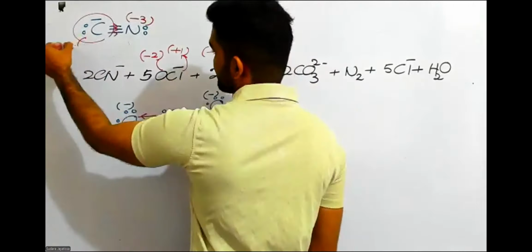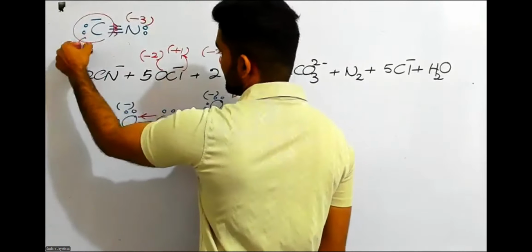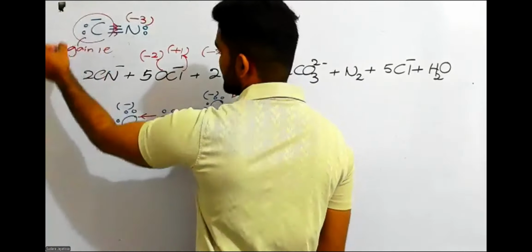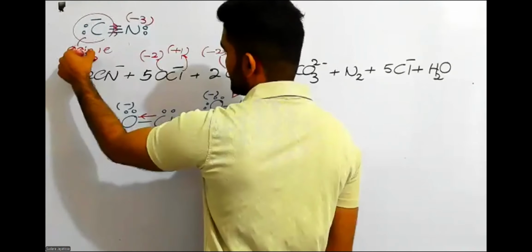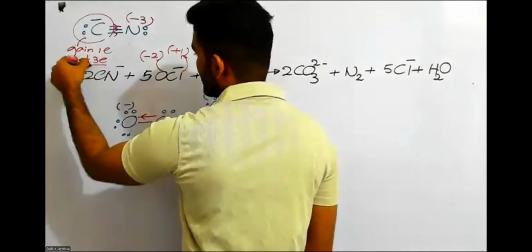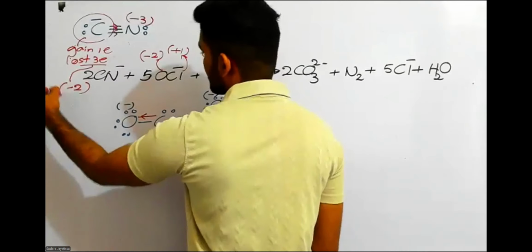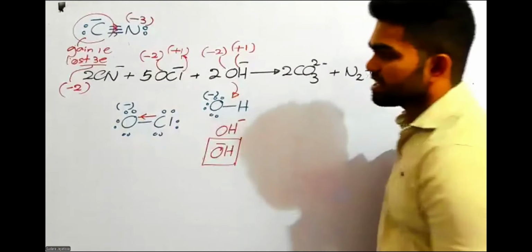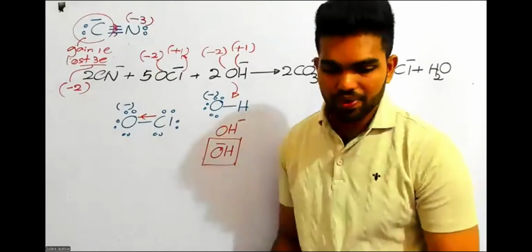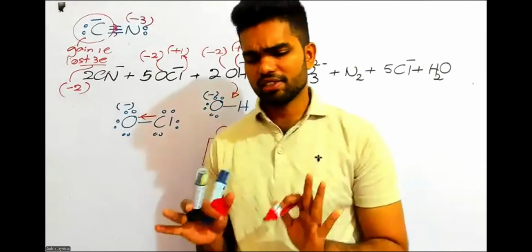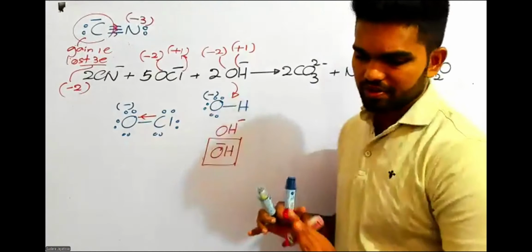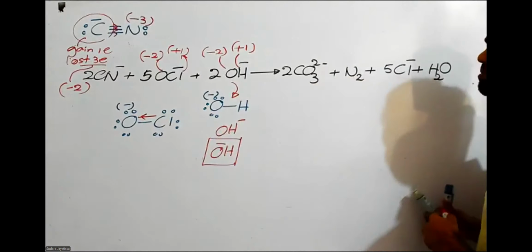This one gains 1 electron, which is the negative charge, and loses 3 electrons. So overall oxidation number is what? -2. Okay, so carbon oxidation number is -2. Remember that one. We got that one by drawing the structure. That's it. Okay. -2 and -3.